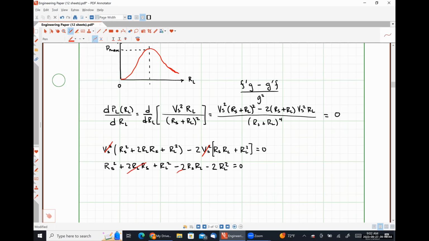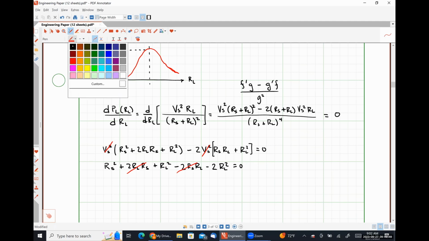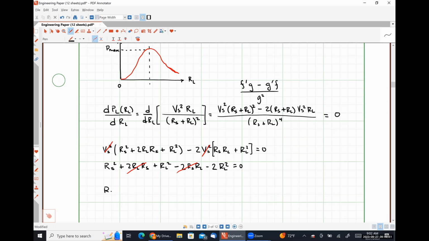This guy cancels this guy, and I can add those two guys together. And so that's going to give me Rs squared is equal to RL squared. So from this, we can see that maximum power transfer occurs when our load resistance RL is exactly equal to our source resistance Rs.